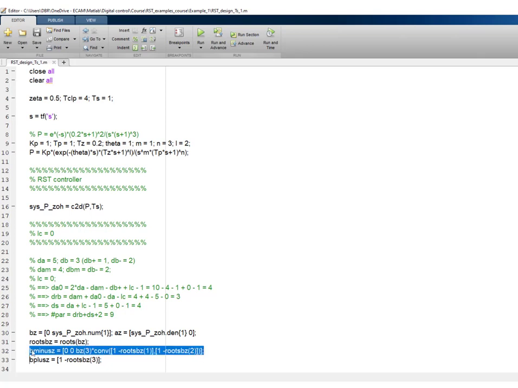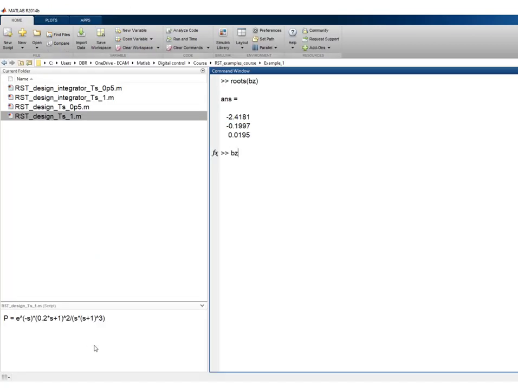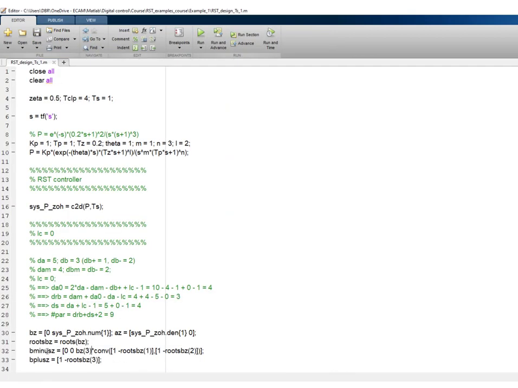This one is not monic, but we have to adapt in such a way that B plus times B minus is B of Z. So we have to multiply by the coefficient that is in front of the highest power in the polynomial B of Z. If we look at B of Z, indeed this coefficient is the third one, right? So we have to multiply B minus by this coefficient.